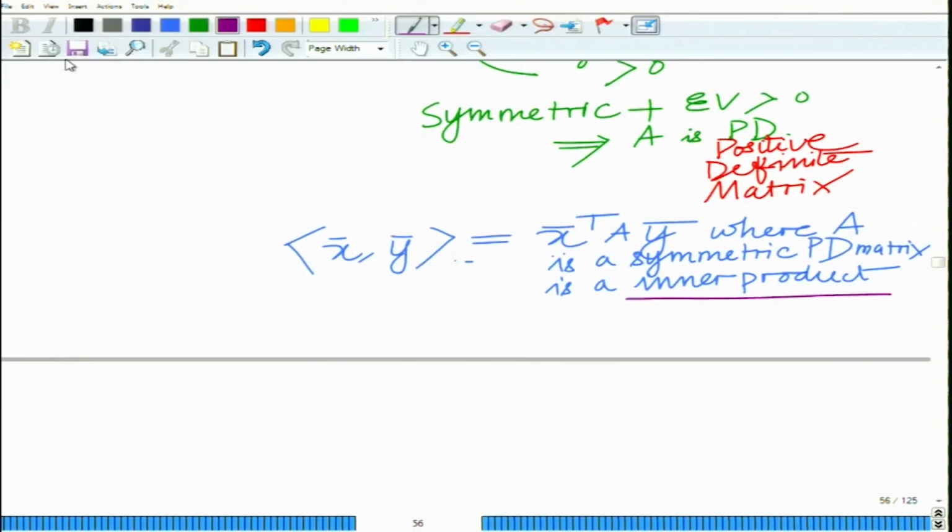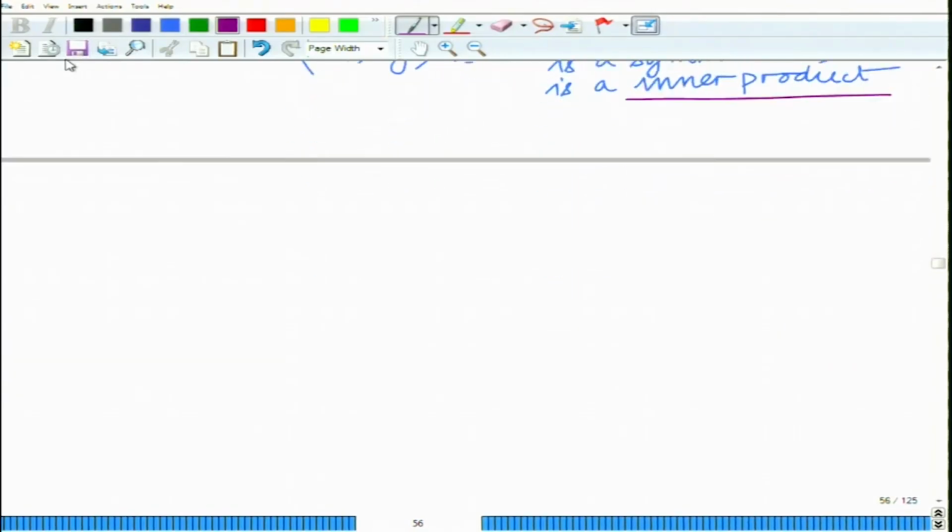Alright. And one of the other interesting aspects of the inner product is that it can also be used to define a norm, and that is one of the most interesting and important aspects of the inner product. It induces a norm, and that norm is given as follows.